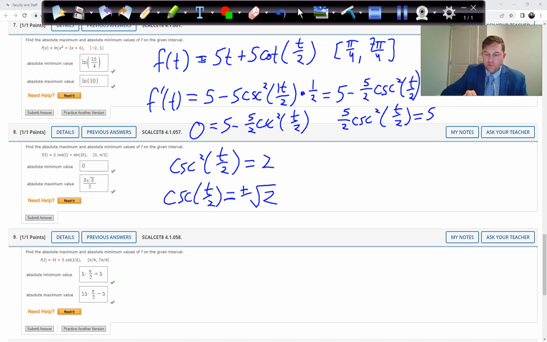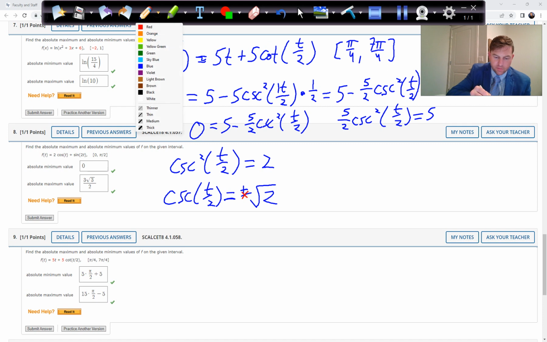And notice this interval, everything's positive, so I don't need the plus or minus here. I just need the positive version. So the interval has positive values, so the negative one's not going to count.